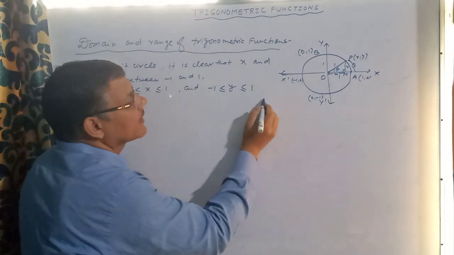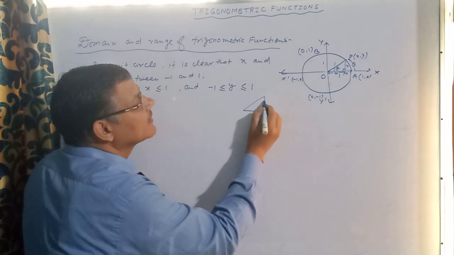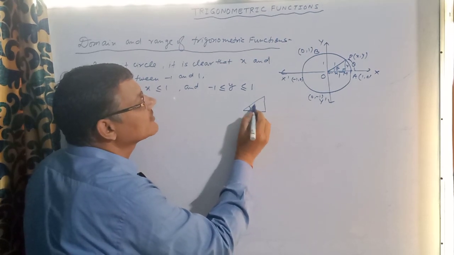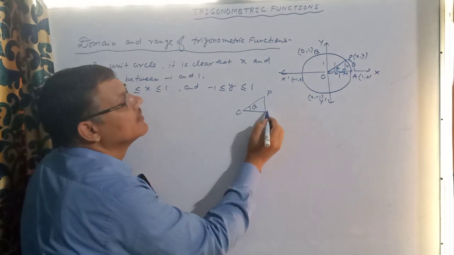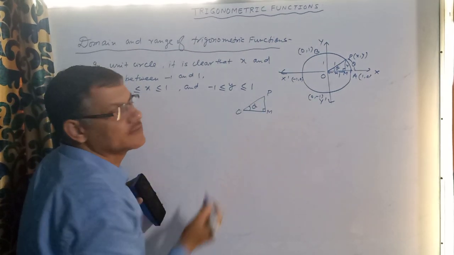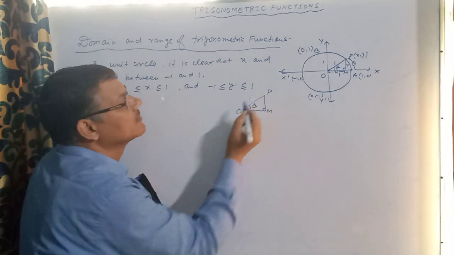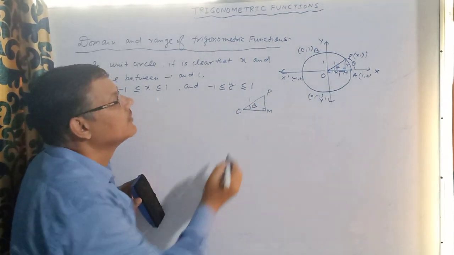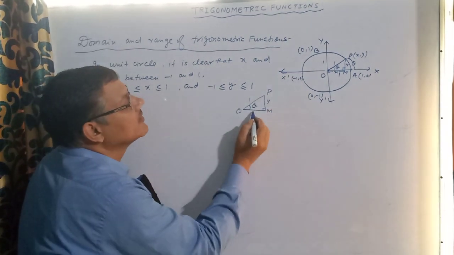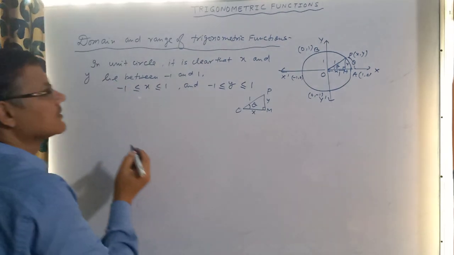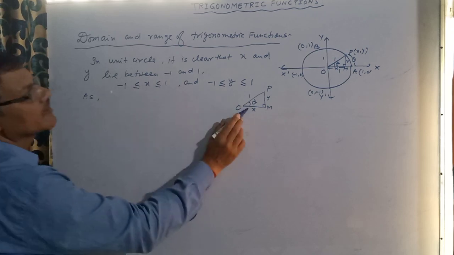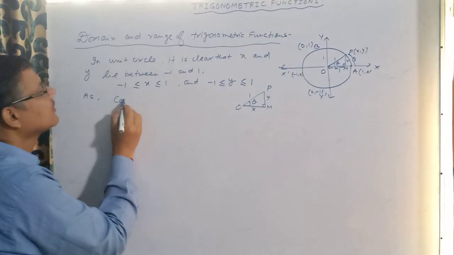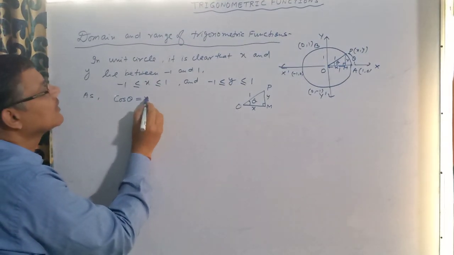Now in this triangle, when we discuss the ratios, this angle is theta, this point is O, this point is P, this point is M, and this angle is 90 degrees. This is the radius of the circle, which is 1, this is y, this is x. From this figure we get cos theta equal to x.